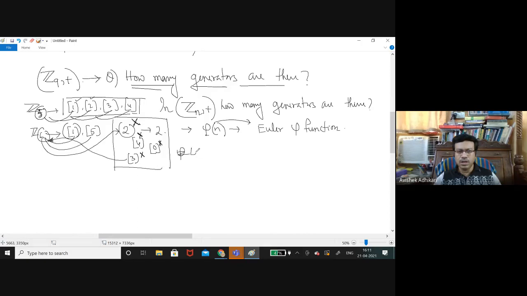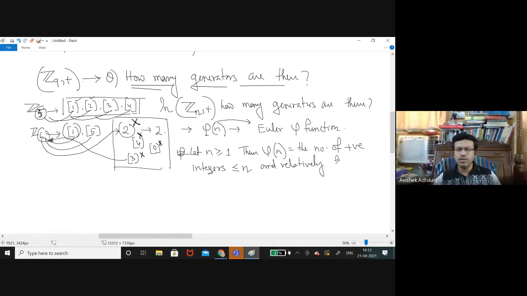Suppose n is greater than or equal to 1, then phi of n is equal to the number of positive integers which are less than or equal to n and relatively prime to n.